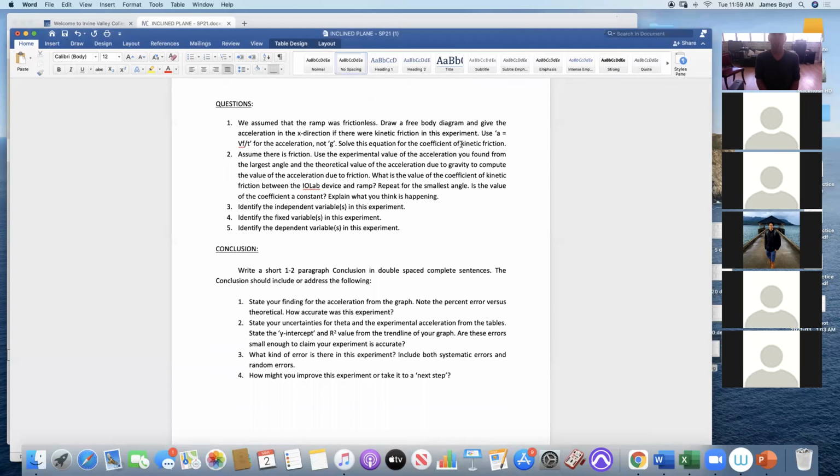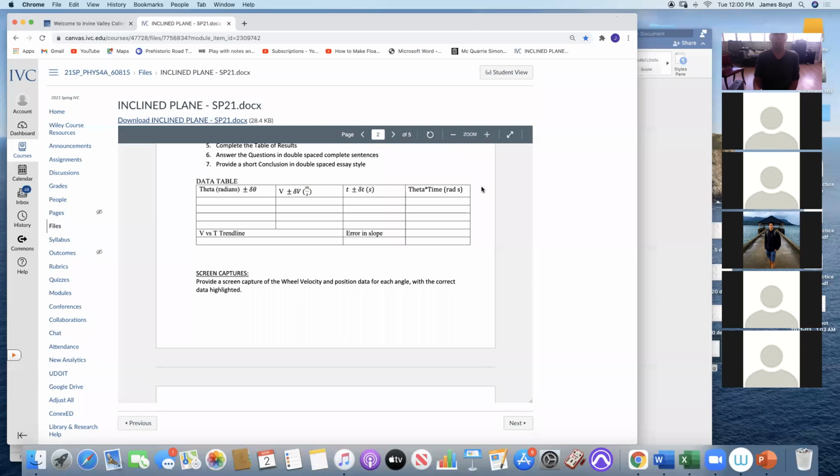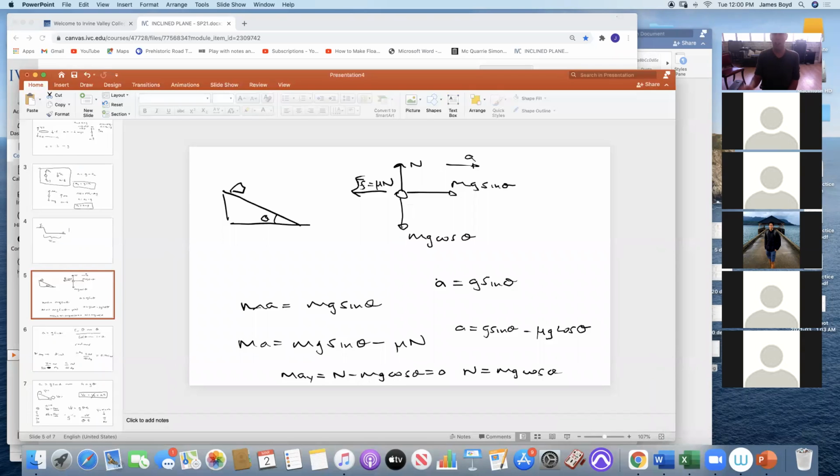Draw the free body diagram as if there was kinetic friction and use a equal to V final over T, and give the acceleration in the x direction if there was kinetic friction. A is V final over T for the acceleration, not g. Solve this equation for the coefficient of friction. So you're going to have your equation for friction here.